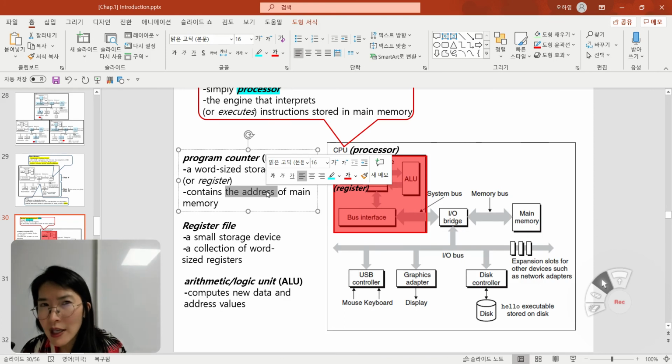So we can speed up the execution of our code, and we can control our own data manipulation very efficiently, all right?